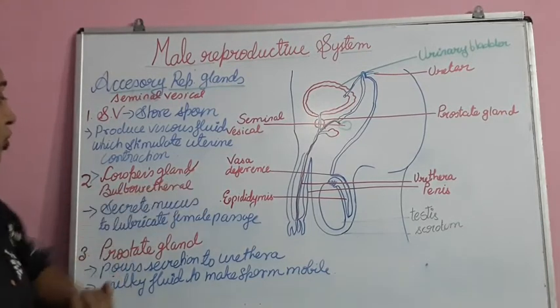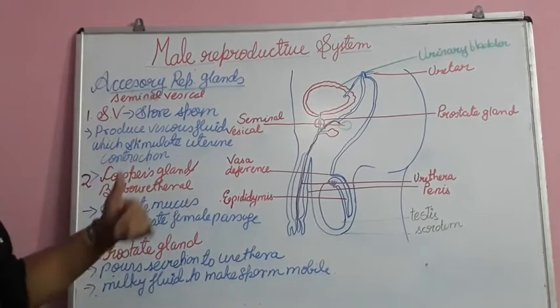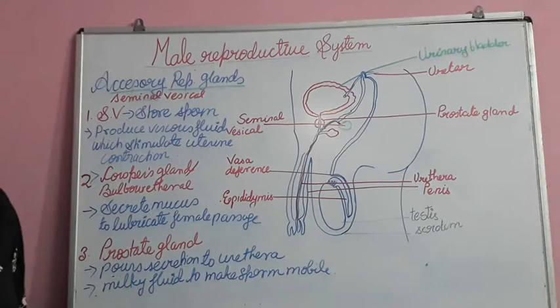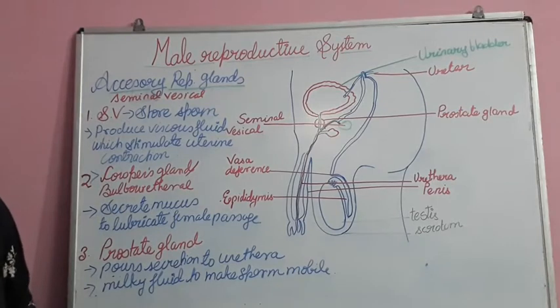Next we have the Cowper's gland, also called the bulbourethral gland. Its work is to secrete mucus, and this mucus makes the female passage more lubricated and easier to move through. So it lubricates the female uterine cavity or passage.